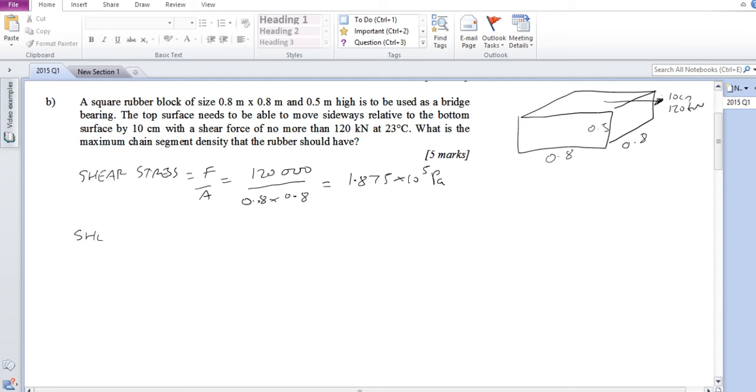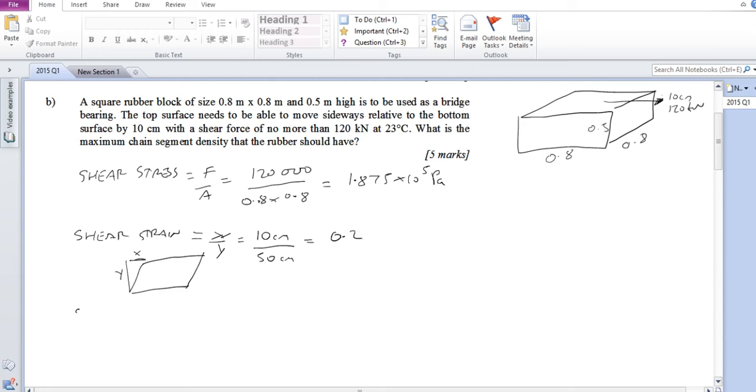We also have details for the shear strain. If we have a block that's shearing like that, the strain is given by that distance there, x, divided by that distance there, y. So x over y, in this case, is 10 centimeters, which is the required sideways movement, over the height of the block, 50 centimeters, so that comes to 0.2.